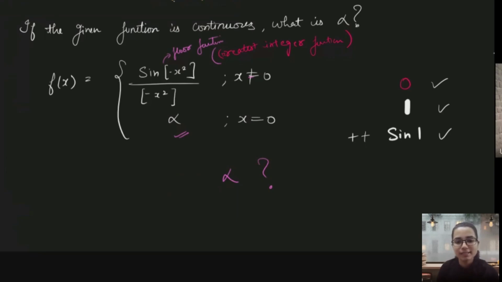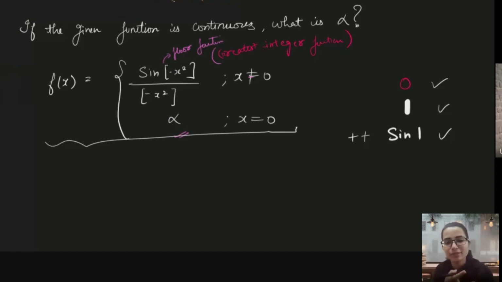Okay, shall we start discussing? You might be mistaken in the calculative part, but you understood the idea, right? I gave you a continuous function and this was its value for x not equal to 0 and this was its value for x equal to 0. So you got the idea that f of 0 was equal to alpha. You just needed to know the limiting value of this function.